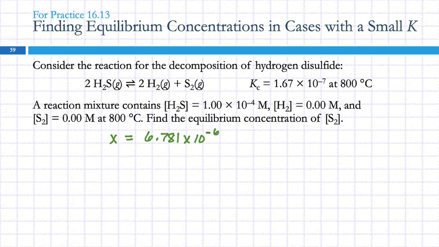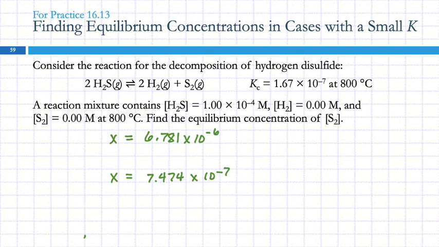Now, those of you that are taking notes, what did we come up with for the x is small approximation? So we get 6.78 times 10 to the minus 6, or 7.47 times 10 to the minus 7.